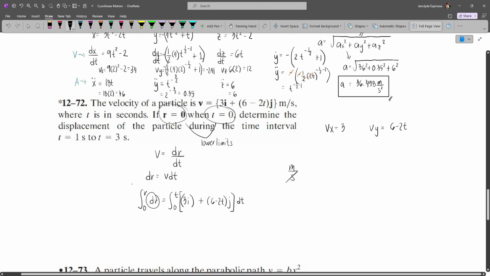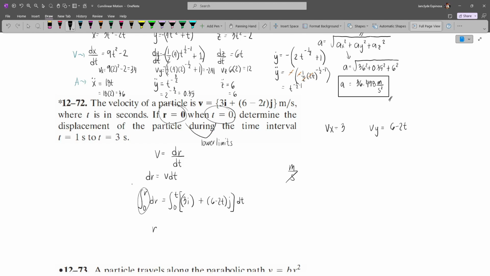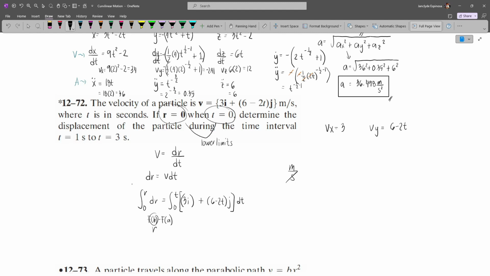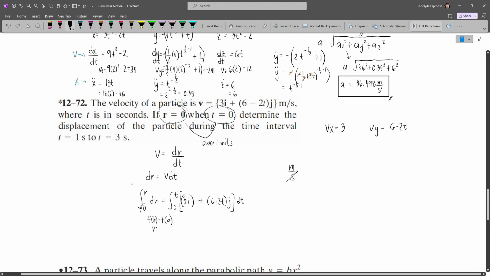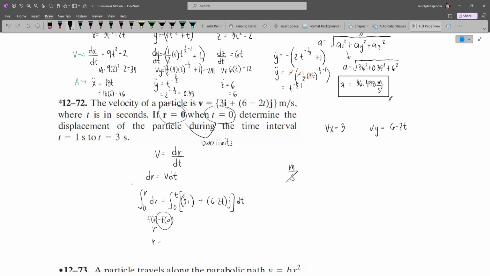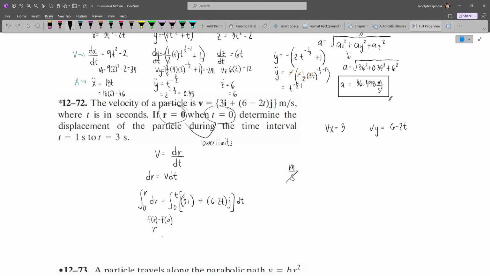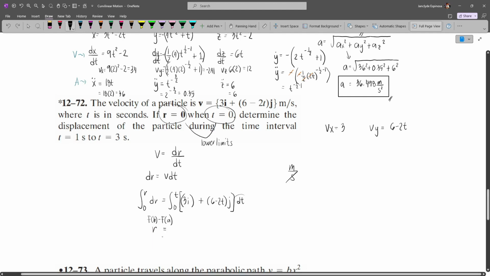Now integrating dr, this will become r, and then since we have upper and lower limits, we essentially have a definite integral. However, using f of b minus f of a, wherein b is the upper limit and a is the lower limit, this integral will just become r minus f of a, so minus 0. This will just become r. So this is still our resulting integral. So we have r equals integrating 3i with respect to time.